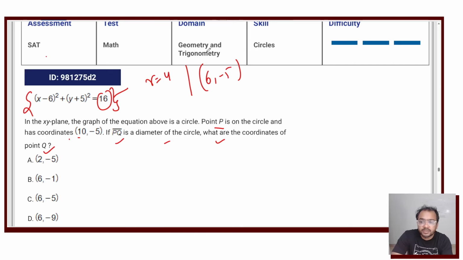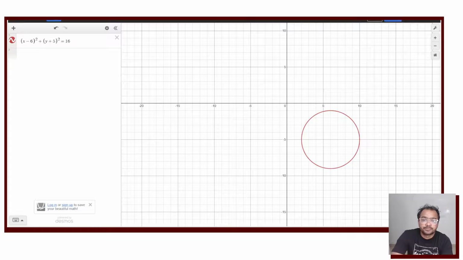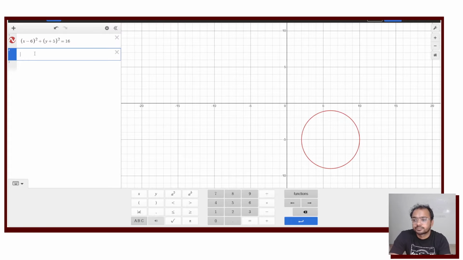And the coordinate that we have is 10, -5. So this is what we're given.